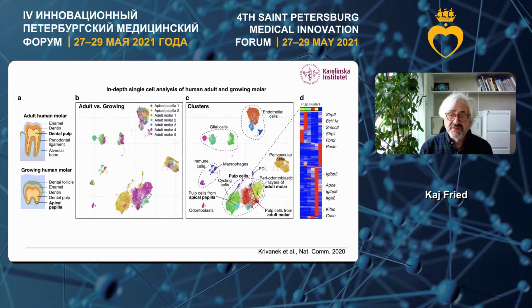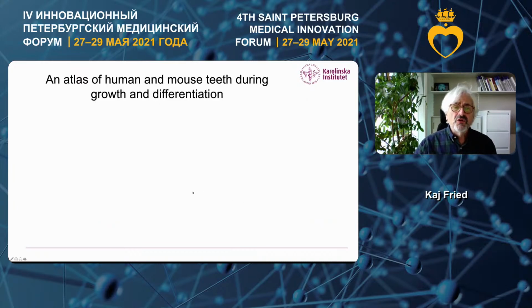There are specific differences, and that would be reflected also in the gene expression and the outcome of these single-cell analyses. So to conclude, these studies have produced an atlas of human and mouse teeth during growth and during differentiation.